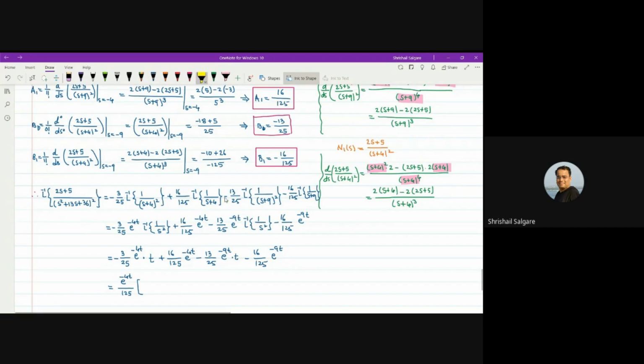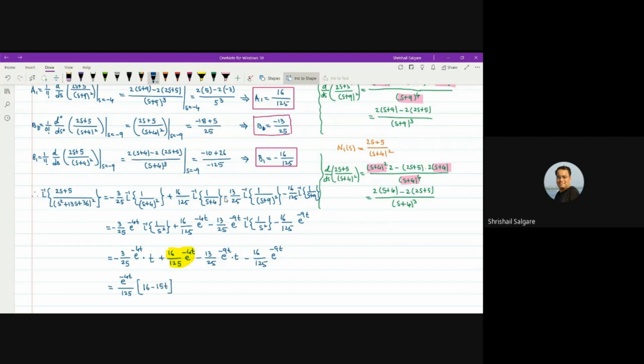Suppose I am writing this term first: 16, correct, minus, tell me, you have to multiply numerator and denominator by 5, meaning 3 into 5, correct?